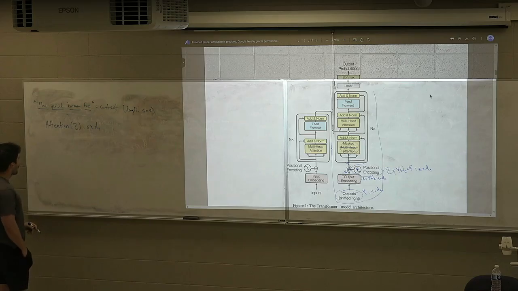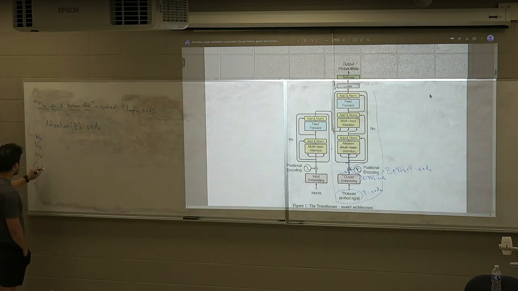So it goes like this. I'm going to define three new matrices. They're going to be WQ, WK, WV. And we're not going to worry just yet about what the shapes are. We'll figure it out. But Q, K, and V are going to be defined from them.